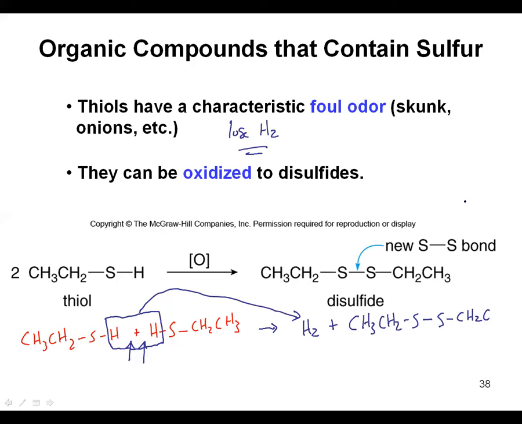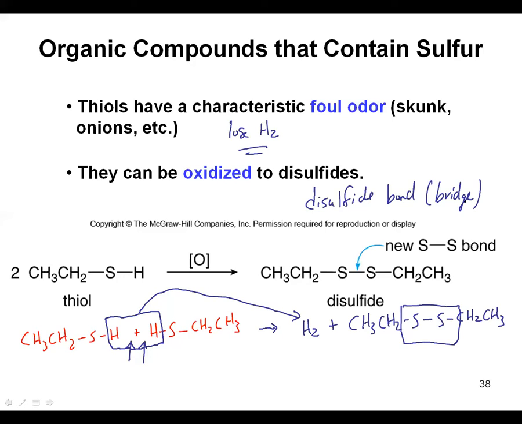Now, this bond where we end up with two sulfurs bonded together is what is sometimes referred to as a disulfide bond or bridge. Disulfide bonds or bridges are an important type of bond that occurs when we get these two thiol groups together.